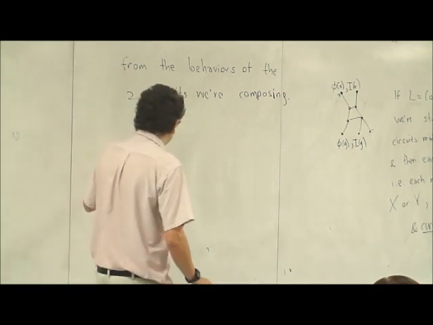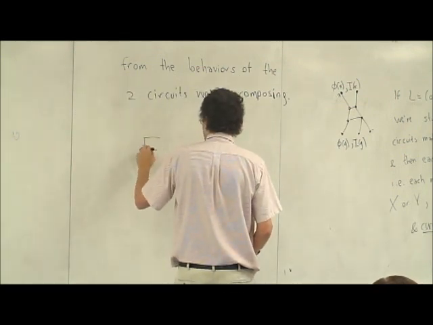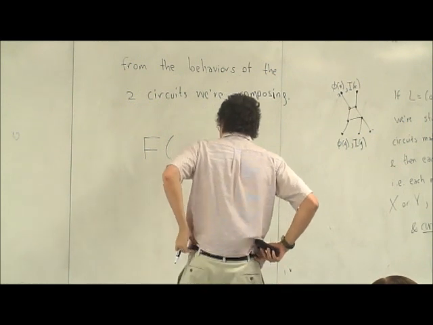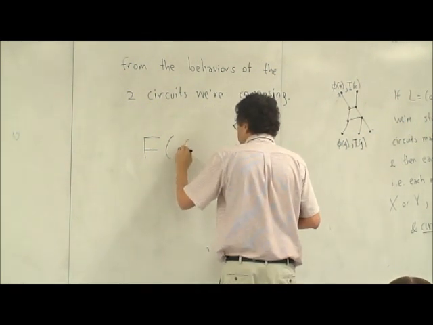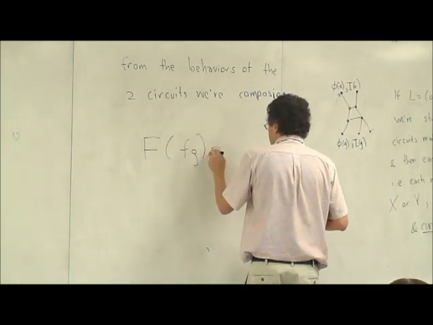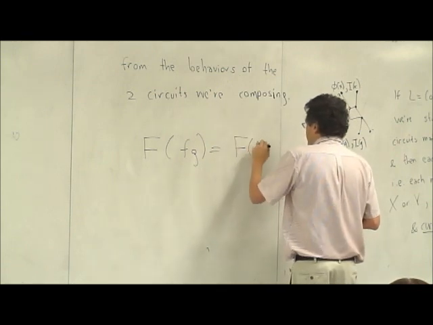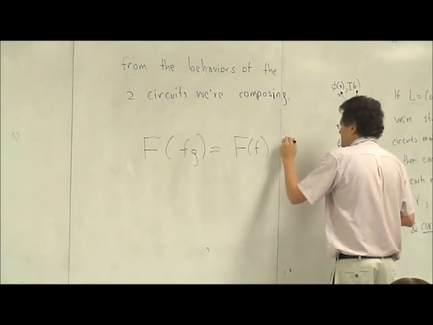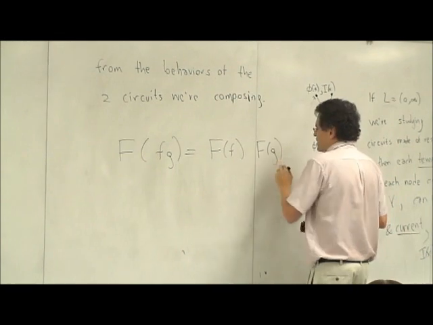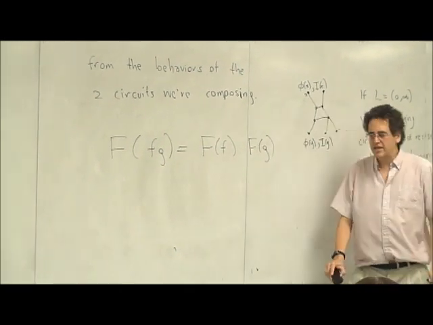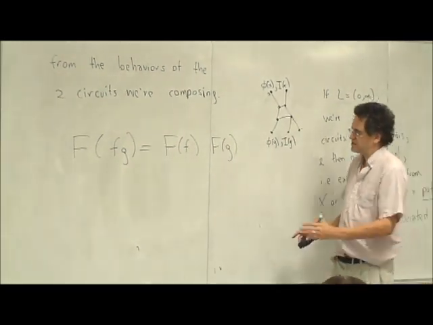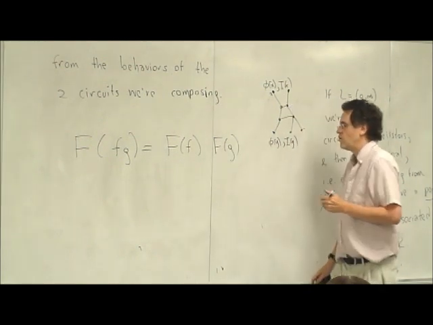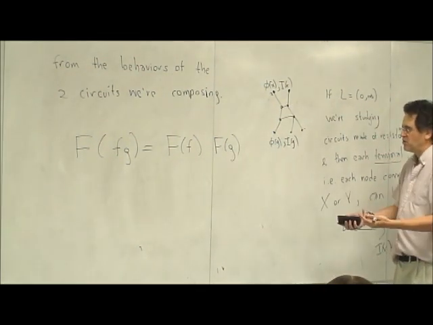A functor is a gizmo that eats morphisms and spits out morphisms. And the law of being a functor is this: a functor applied to a composite of two morphisms is the same as applying the functor to each one of those morphisms and then composing.